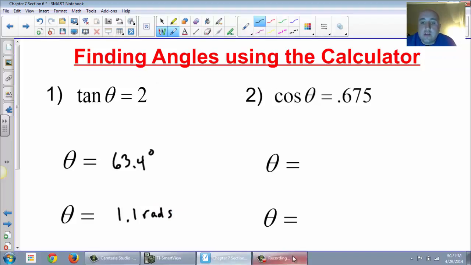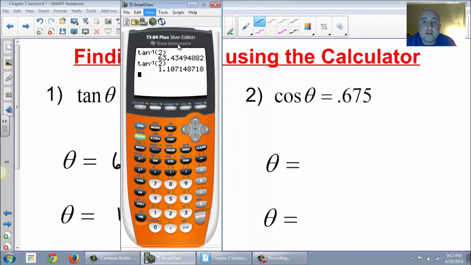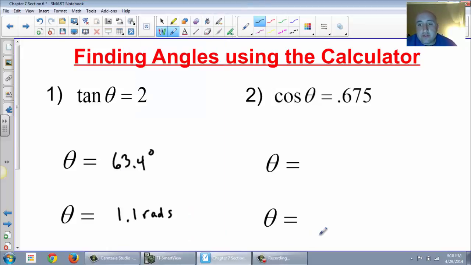This will do the same thing for the problem on the right here. Let's do our radian measure for cosine, so I don't have to switch my calculator back. So second cosine 0.675. This is going to tell us what angle has a cosine of 0.675. So 0.83 radians.